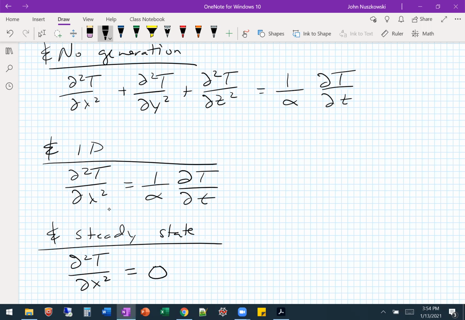And if we were to integrate that equation twice for temperature, it'd be an equation of a line. Temperature would look like a line as a function of x.